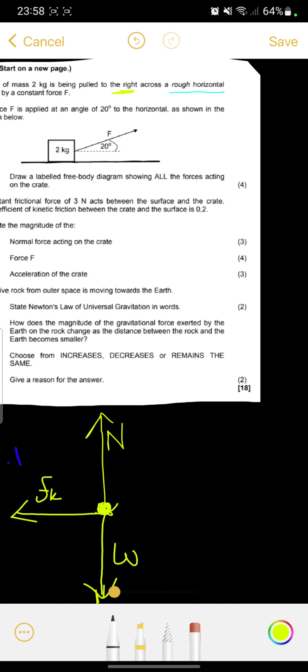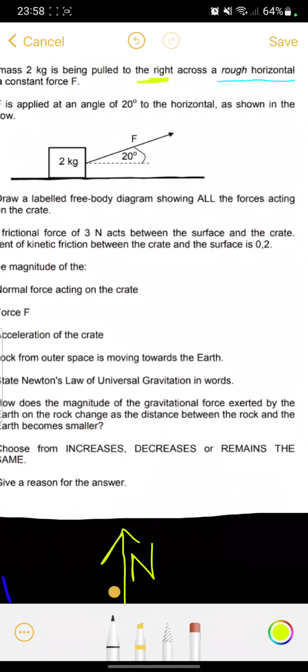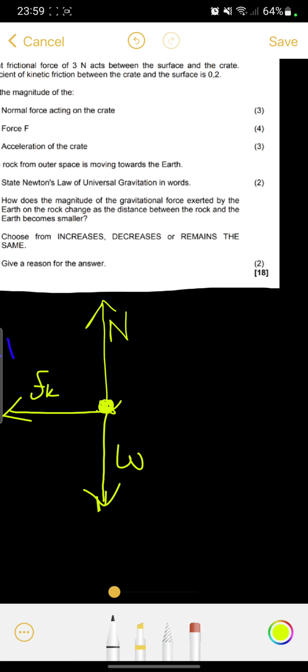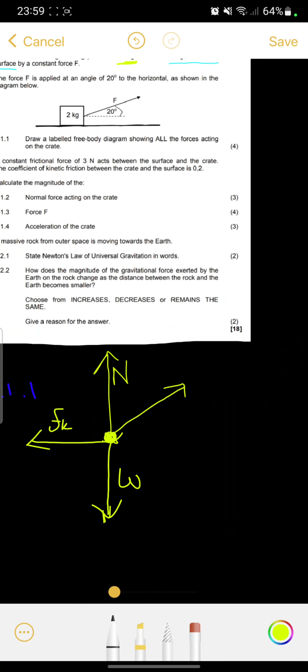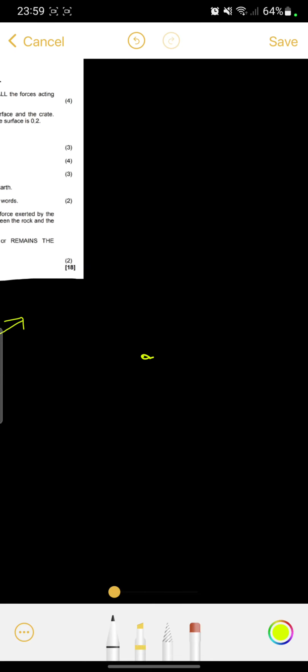And of course, we have a force applied here, but it's applied at an angle of 20 degrees, so it's not going to be straight like this. It's like this. Alternatively, since that is a diagonal force, it has a vertical component and a horizontal component, so you could have drawn it like this.